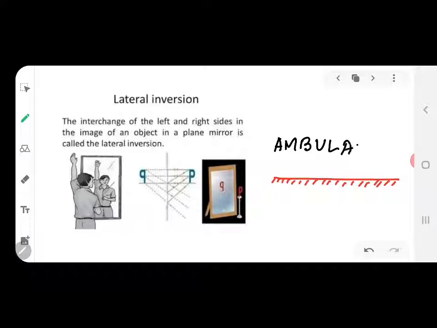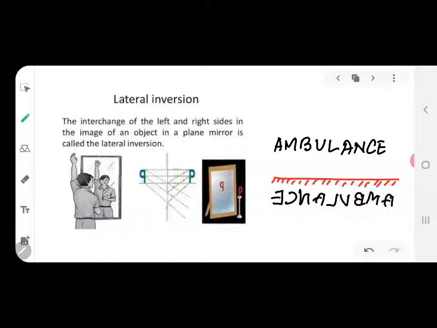Now you might have observed that on the vehicle the word is written somewhat like this. This is nothing but a direct application of the phenomenon of lateral inversion, so that it becomes convenient for the person driving in front of the ambulance to identify what is written on the vehicle.